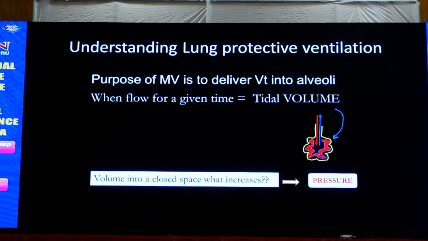The ventilator produces just what? An inspiratory flow of gas. And an inspiratory flow of gas in the context of time becomes volume. And volume in a closed space produces pressure.